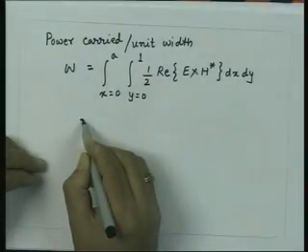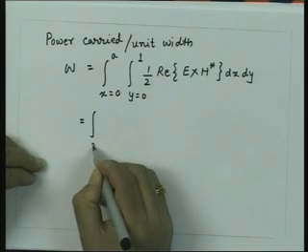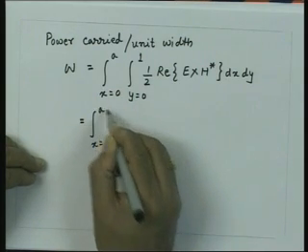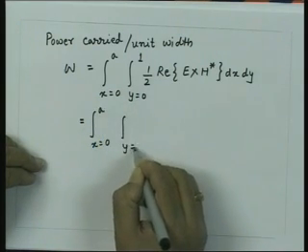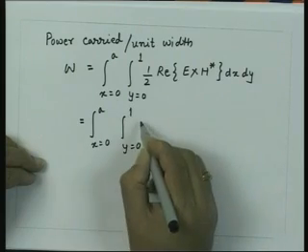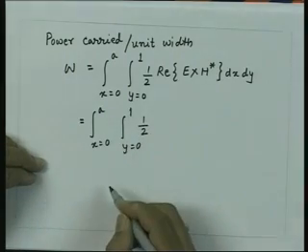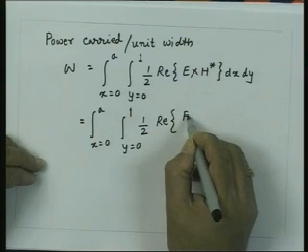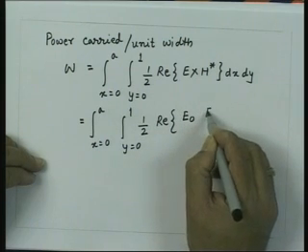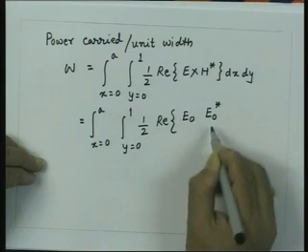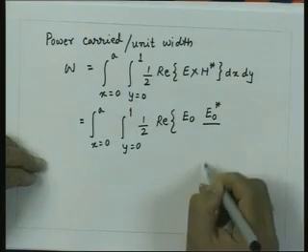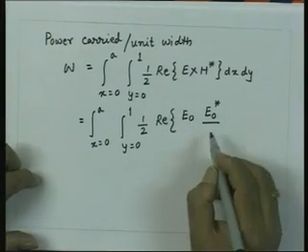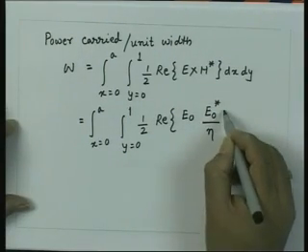So, essentially this will reduce to the integral x equal to 0 to A, y equal to 0 to 1, half real part of E0 conjugate upon eta conjugate, but for dielectric eta is real, so that is same as eta.